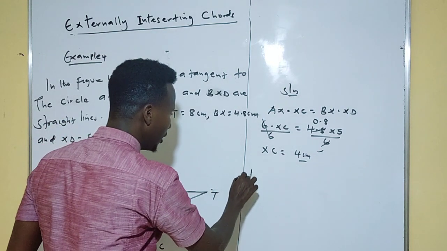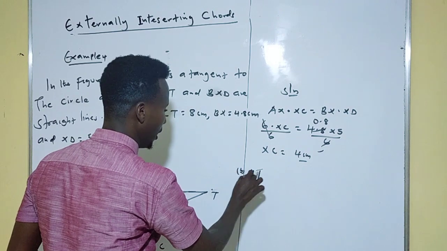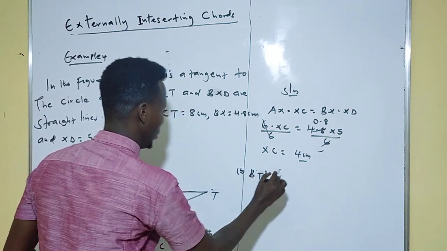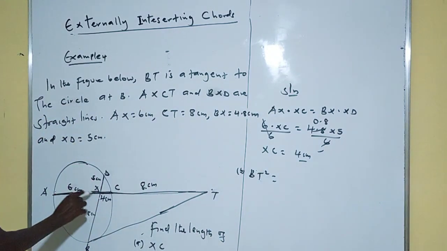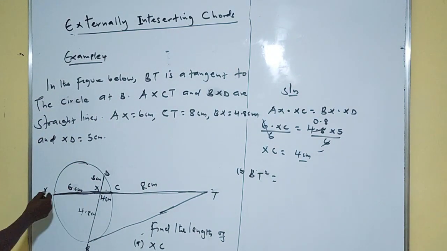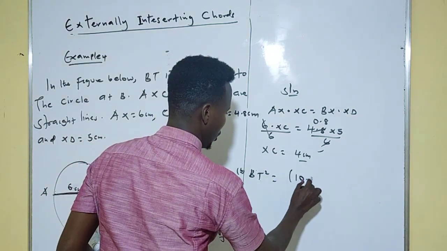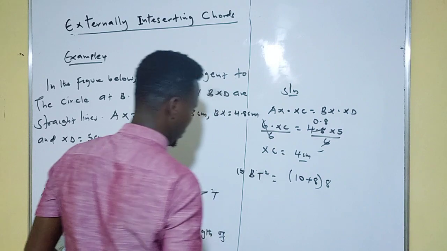So BT squared is equal to 4 plus 6, 10, the whole line here, 10 plus 8, into 8.